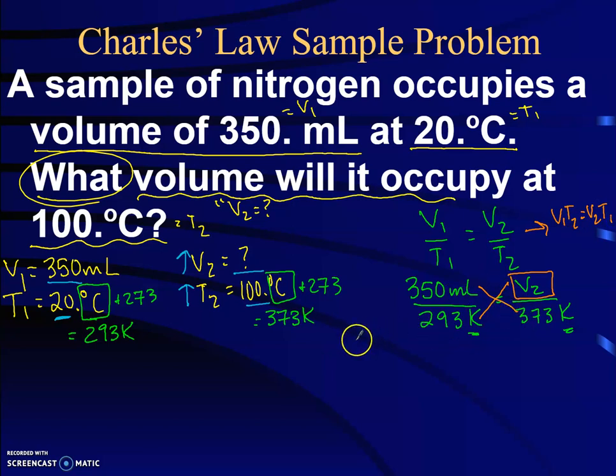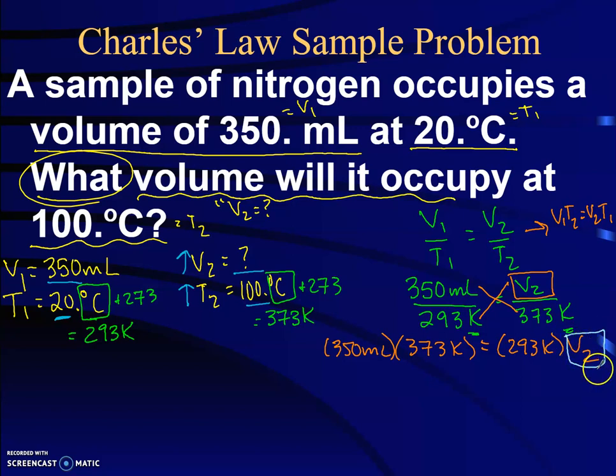So what you're doing here is taking 350 milliliters times 373 Kelvin equals 293 Kelvin times V2. Now you solve it the exact same way that you would solve a Boyle's Law problem.